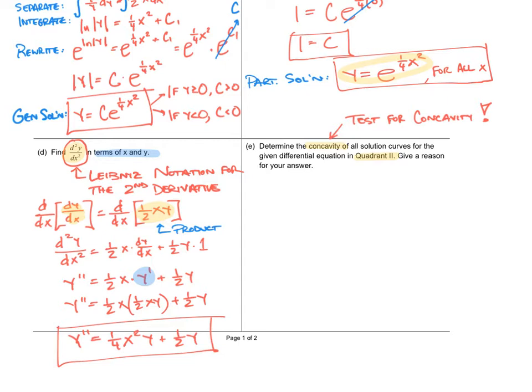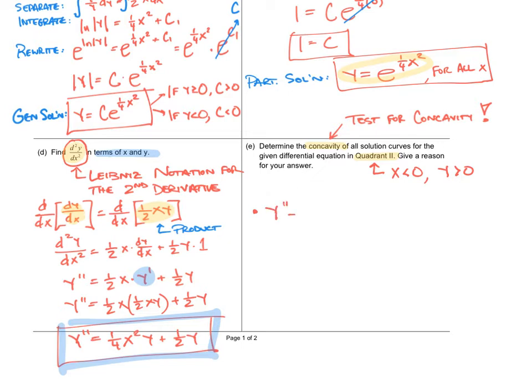Fortunately, we have an expression for the second derivative. We just came up with it right here, so we're going to be able to use that. The next thing we need to consider is this. What's going on in quadrant 2? Well, in quadrant 2, x is less than 0, y is greater than 0. So that's going to factor into our decision. Let's go back and look now at y double prime.